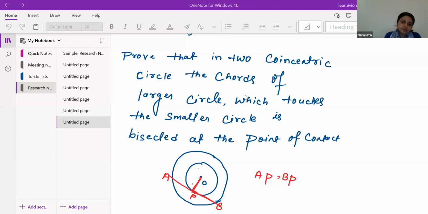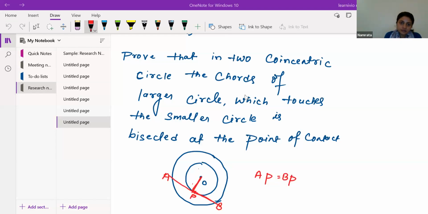Can you see the screen? No, ma'am. No? Okay, I'm not sharing it. Can you see the screen now?